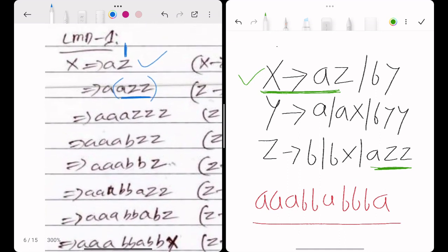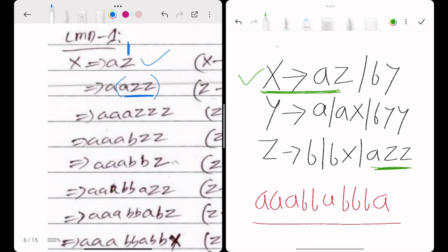Now next, AA already done. Now in place of this Z, I am writing again AZZ.